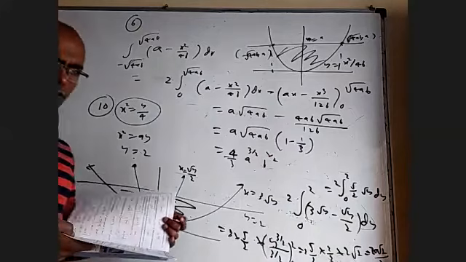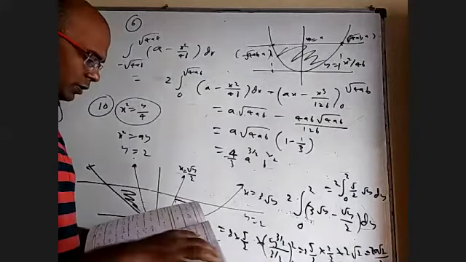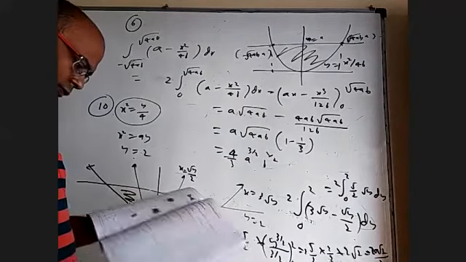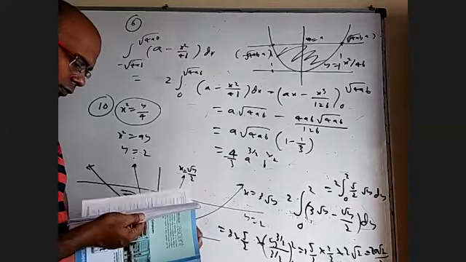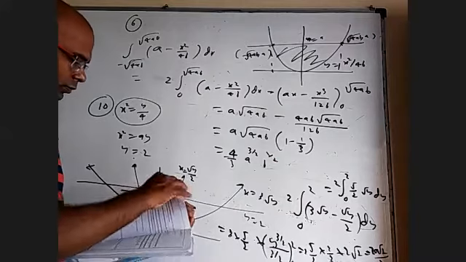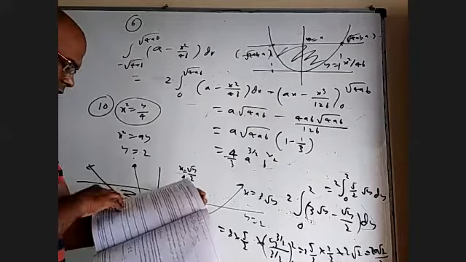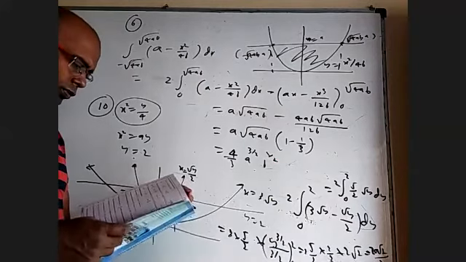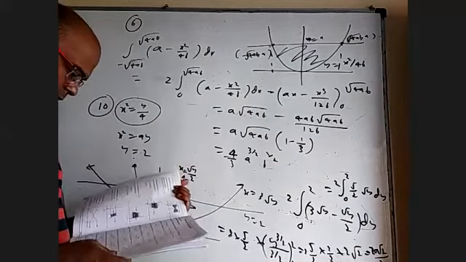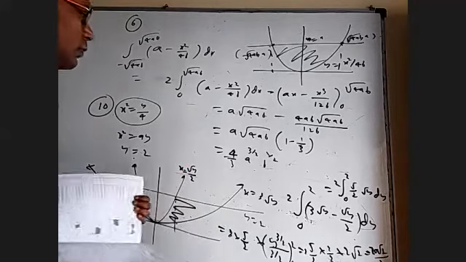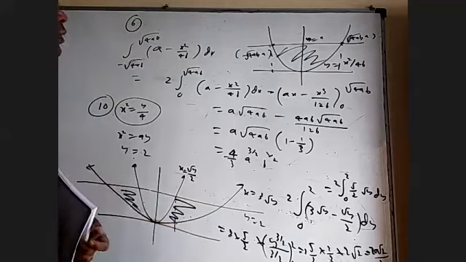Okay, question 6, they gave the answer as 8. Option, let me check that. Question 6, they gave 8 b power 1 by 2, and we got only 4. That is because I forgot to multiply by 2.